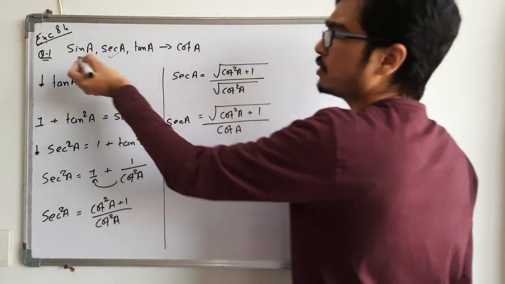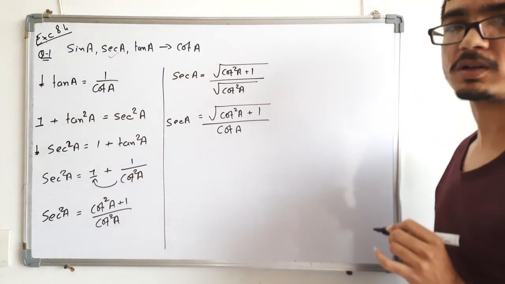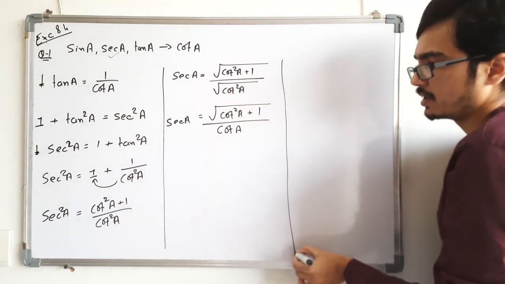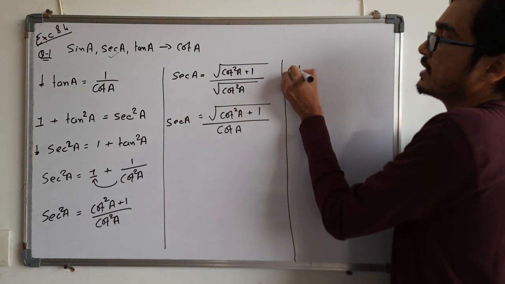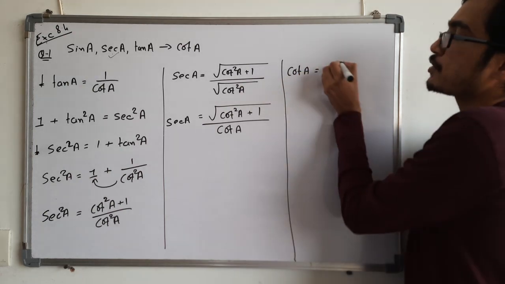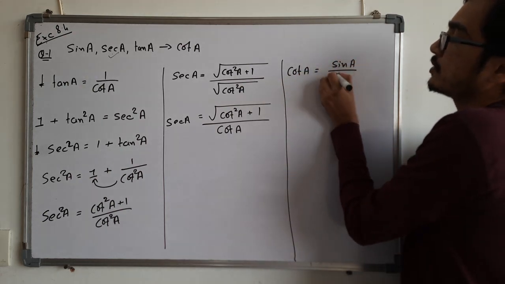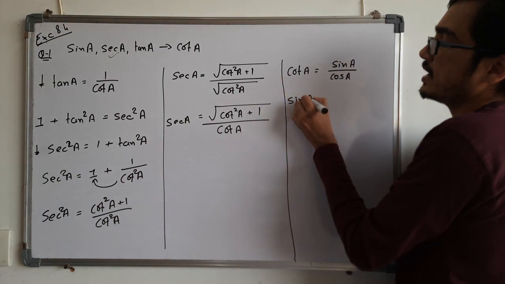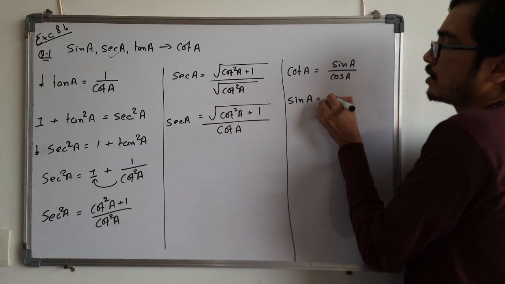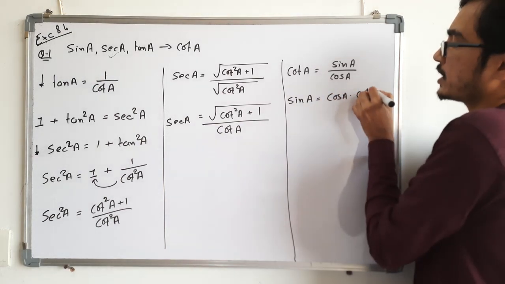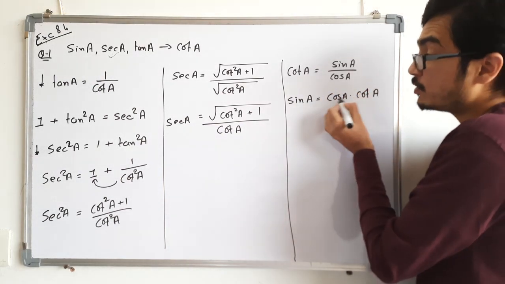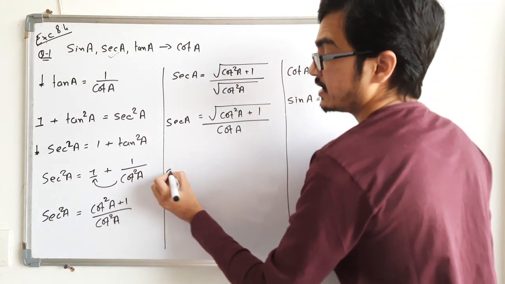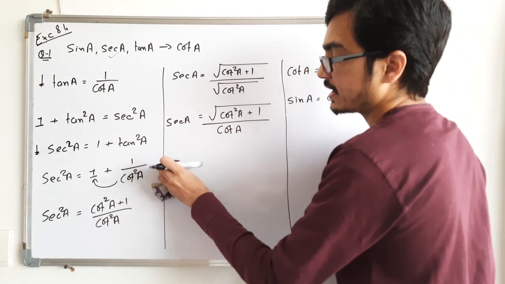Now we want to represent sine in the form of cot. We have one of the relations, that is cot A is equal to sin A upon cos A. So I can say that sin A is equal to cos A into cot A. Now the value of cos we can easily find from sec A. How?